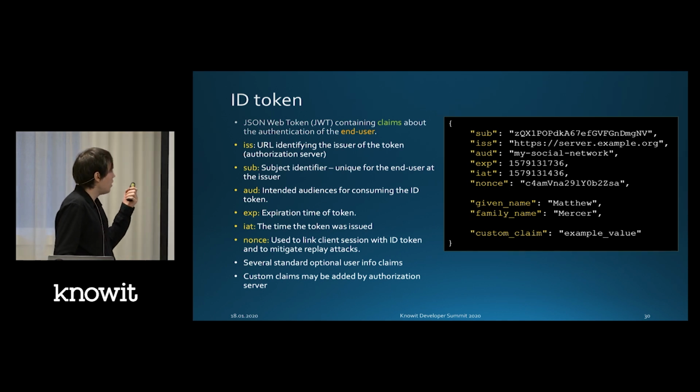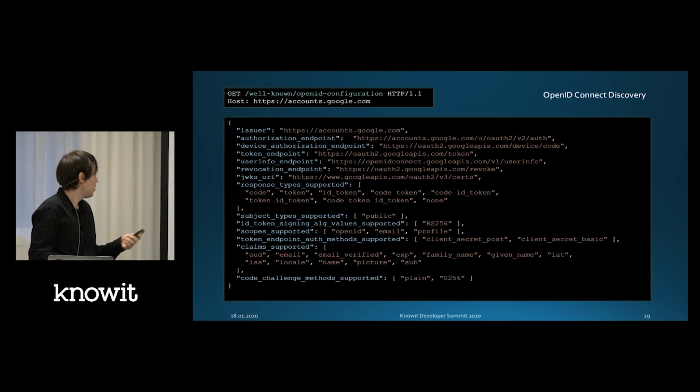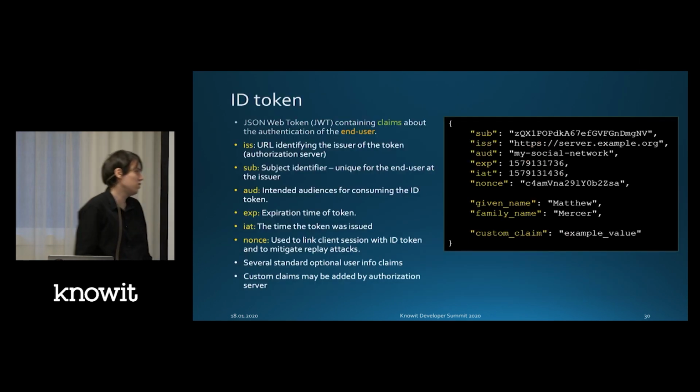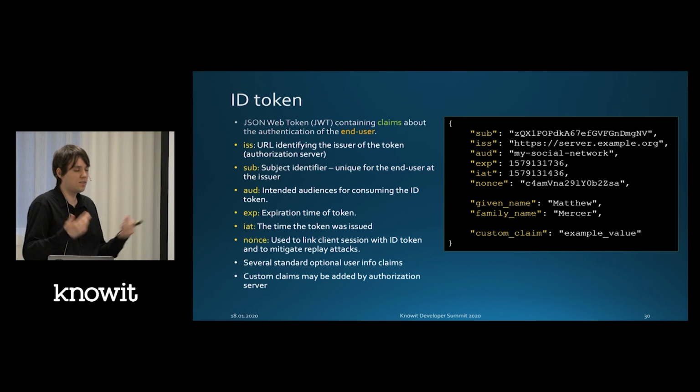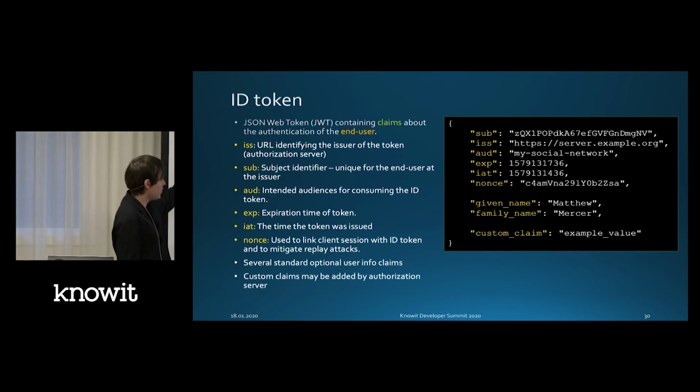So the JSON Web Token has a header component which tells you which algorithm was used for creating the signature. You can go to that URI that's defined here to find public key information that you can then use to validate that signature. That's a bit outside the scope here, but you should always validate that signature when it returns. Lots of these claims, as they're called, come directly from the JSON Web Token specifications.